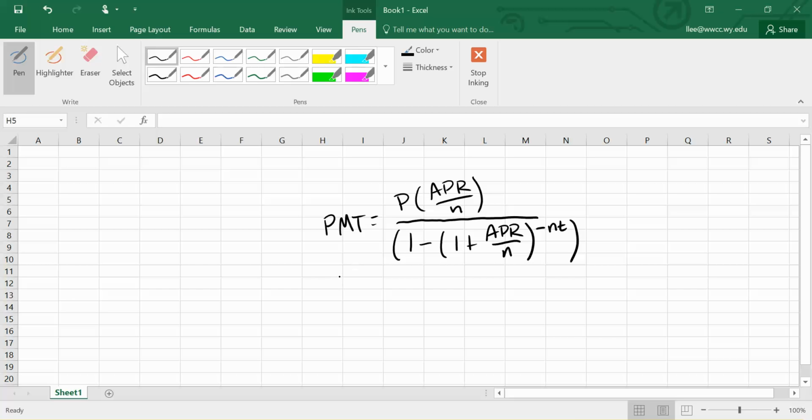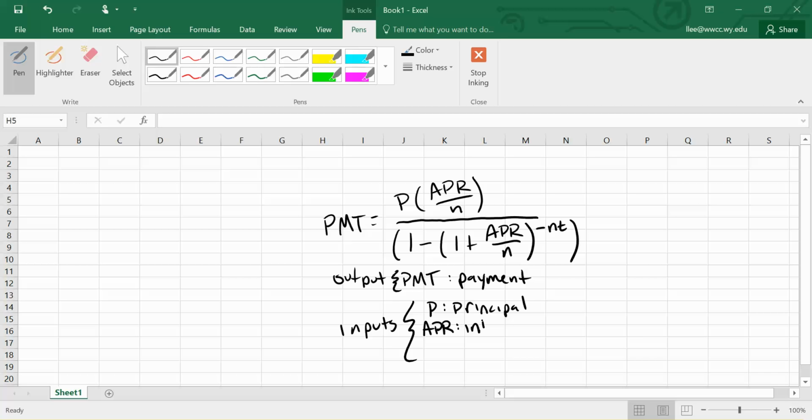So quick reminder, our output is the payment, while all of our inputs, we tell it the principal, the outstanding loan balance, the interest rate, number of payments per year, and T, the number of years, length of the loan.